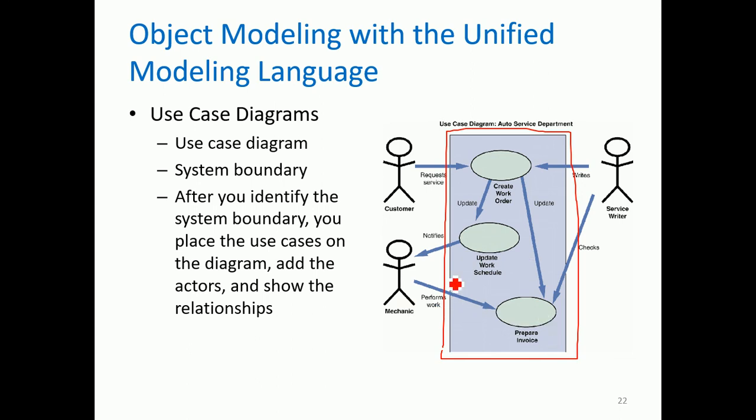So the mechanic will be notified about the update work schedule, and then the mechanic performs prepare invoice. And then of course the service writer checks the prepared invoice. So this is an example of a use case diagram. Again, to make the use case diagram easier, you need to have the documentation or already know the step-by-step procedures for you to create use case diagrams easily.